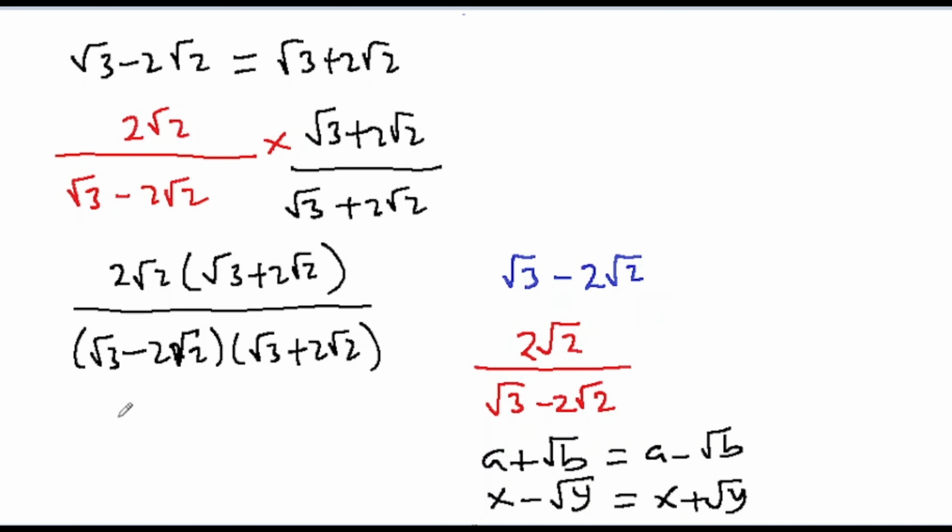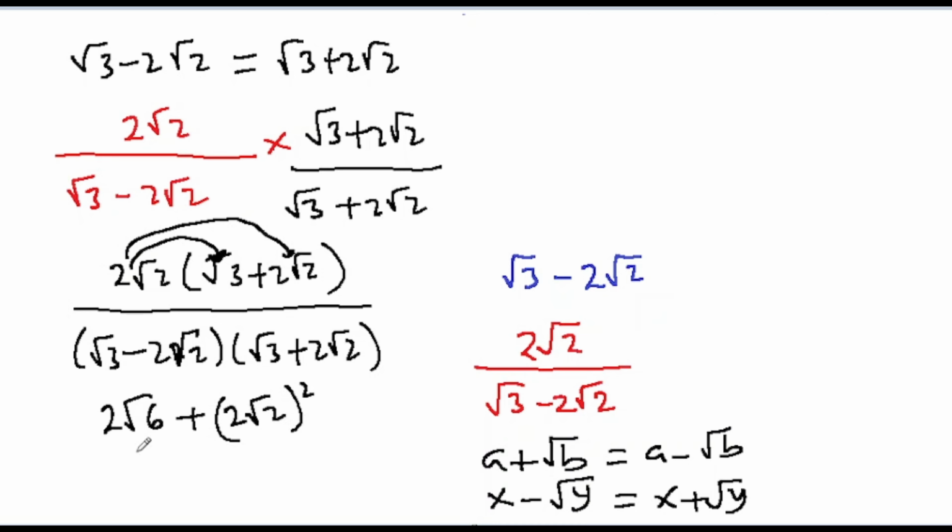For the numerator, we have 2 root 2 times root 3, that's 2 root 6, plus 2 root 2 times 2 root 2, which is 2 root 2 squared.